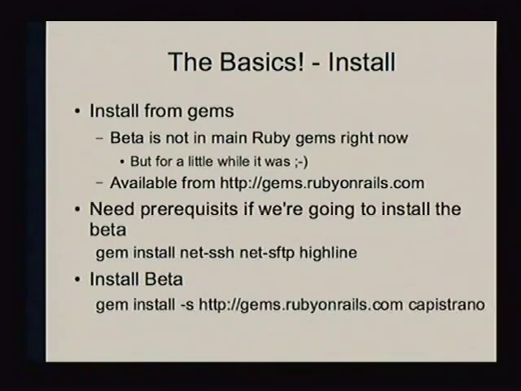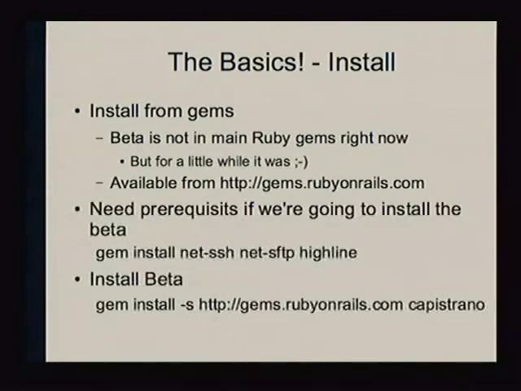Because you're going to grab it right now from gems.rubyonrails.com, you have to satisfy the prerequisites first from the main gems repository. Gems isn't smart enough, if you tell it an address, to think, oh, well, that's not here, maybe I'll go look at my home. It just looks exactly where you tell it, and that's it. Things that you need are Net::SSH, Net::SFTP, and Highline.